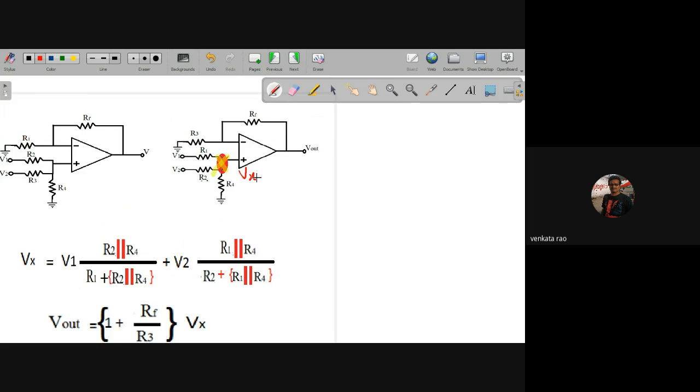Now similar to the previous case, we can write V output is 1 plus Rf by R3 into Vx. So this is Vx we are taking. Now V output is 1 plus Rf by R3 into Vx.